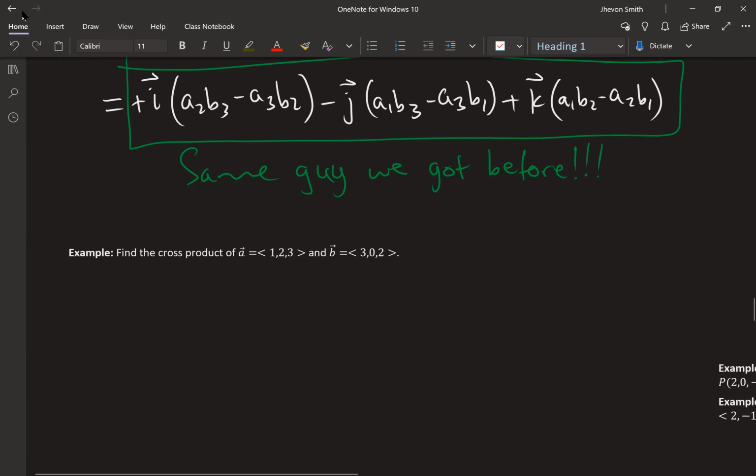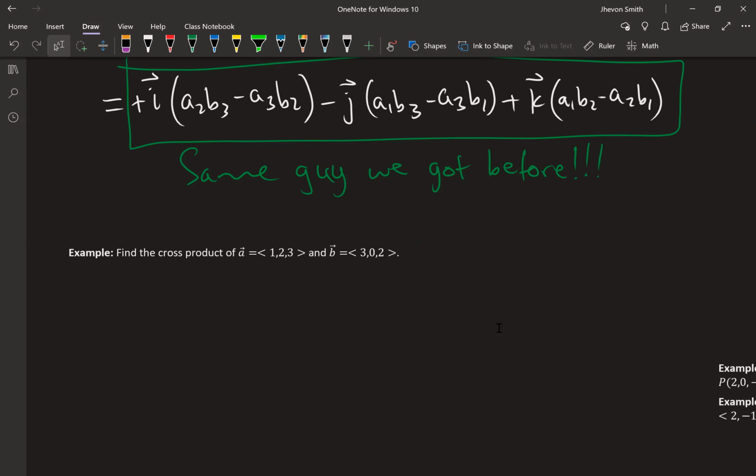All right, so let's talk about this. Here are two vectors. There are two three-dimensional vectors. Find the cross product of A and B. Namely, I'm talking about A cross B, right? So I want to find A cross B.